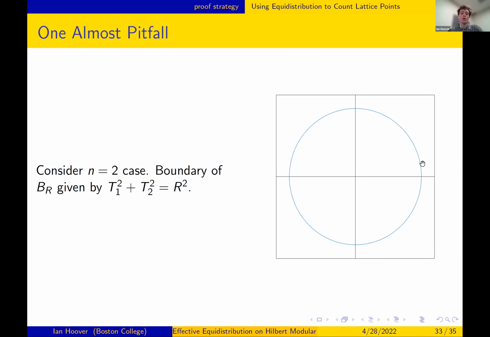When we integrate over this, we have to integrate over those places where I am not able to show equidistribution. Where this circle intersects the axis, the error will go to infinity, so we have these poles. Fortunately, this was not actually a pitfall, just an almost pitfall, because the rate was such that we still get that the error term goes to 0 even despite integrating over these asymptotes at these places where it intersects the axis.